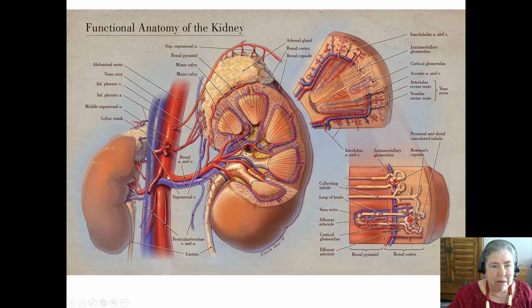You can see, as I mentioned, that there is a single renal artery and a single renal vein. That renal artery divides and divides and divides. And here we are showing those divisions into arterioles that then ultimately feed the glomeruli and form the capillary structure of the glomerulus.